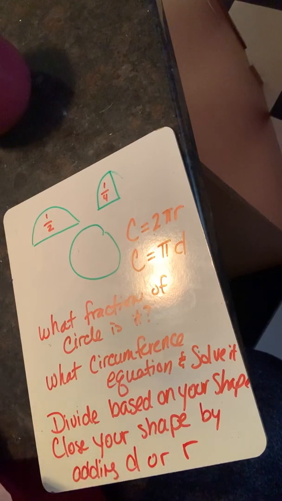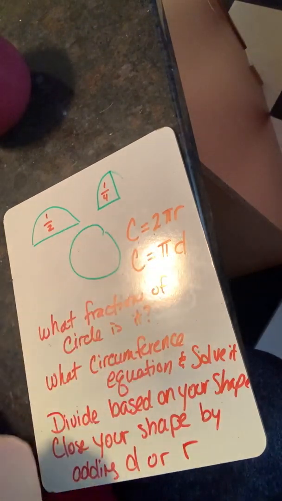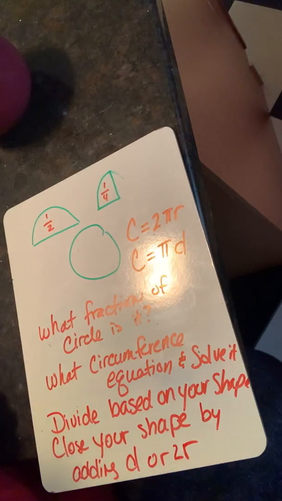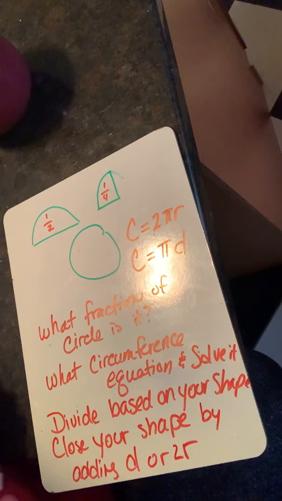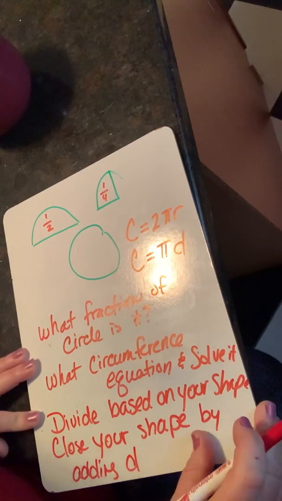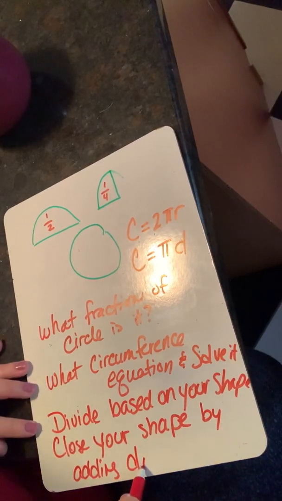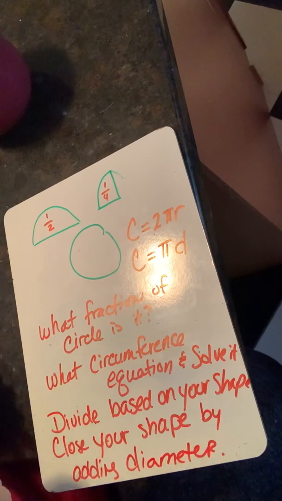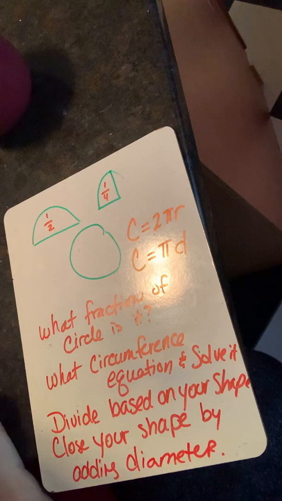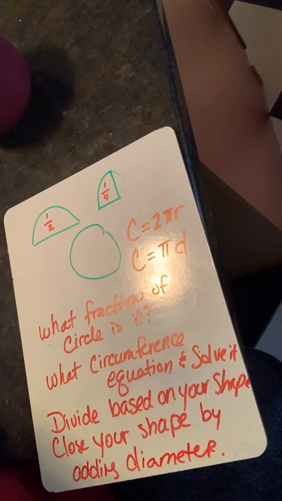Those are the steps that you have to do. And if it's a quarter circle, you're adding 2 radii. Well, diameter is the same thing as 2 radii. So either way, you're going to be adding your diameter. So that is how you find the perimeter of a semicircle or a quarter circle.